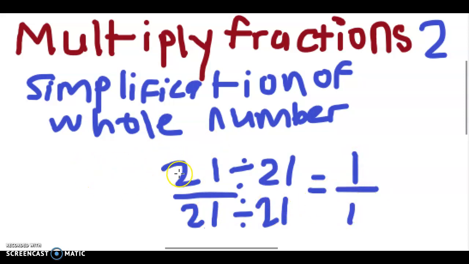In simplification of fractions, we simplify top and bottom, top being numerator and bottom denominator. And this is a must to understand.